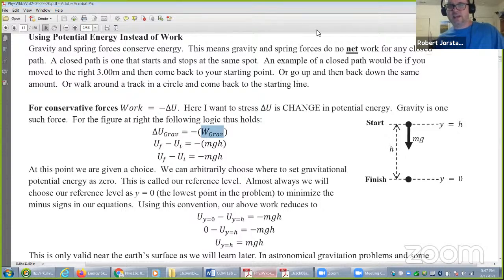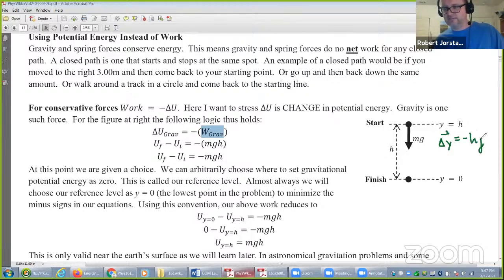So again, in this case, we were just talking about the forces. Sorry for a little bit of a repeat here. I see that the change in y, or the vertical displacement, is negative h in the j hat. Got it. I see that the force in this case is negative mg in the j hat. Now think about it.